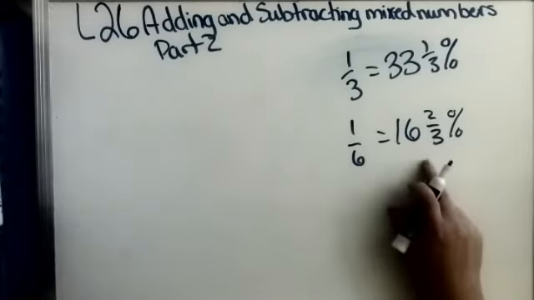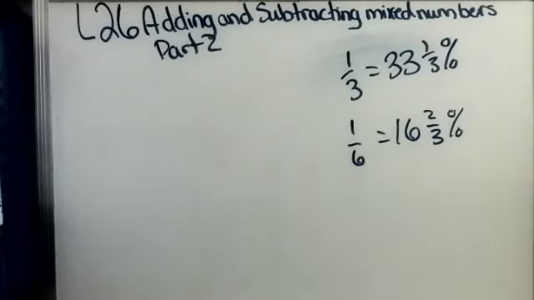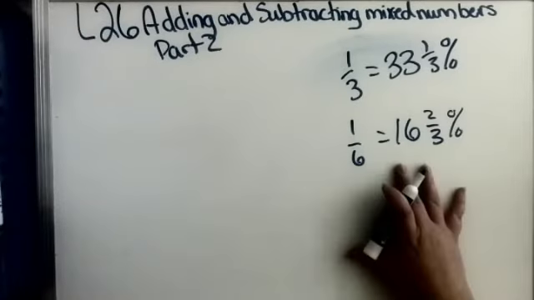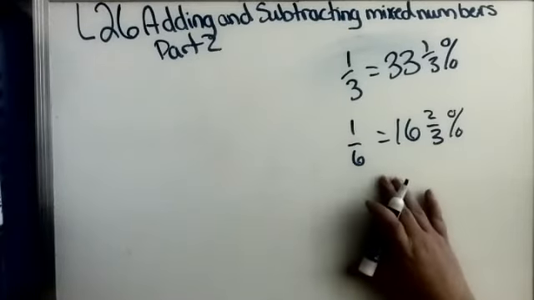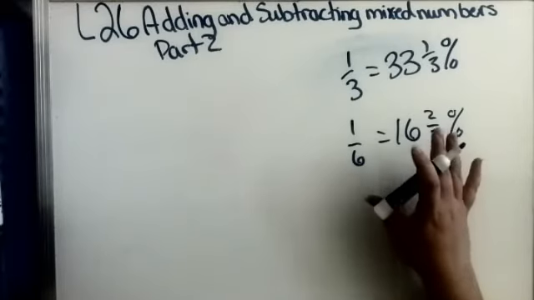If you can't remember these, they are listed inside the lesson portion of your textbook. I just wanted to go over them really quickly so that you can see them.